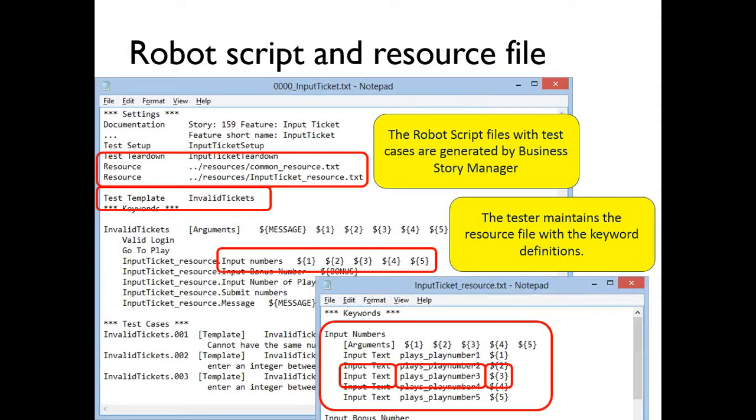And the dollar curly brackets 3 is the 3rd parameter. So in the call to input numbers with the 5 parameters, the 3rd command would put a value into the 3rd field. So input ticket underscore resource.txt, the file towards bottom right, is where we define our keywords and make the connection to our system under test.